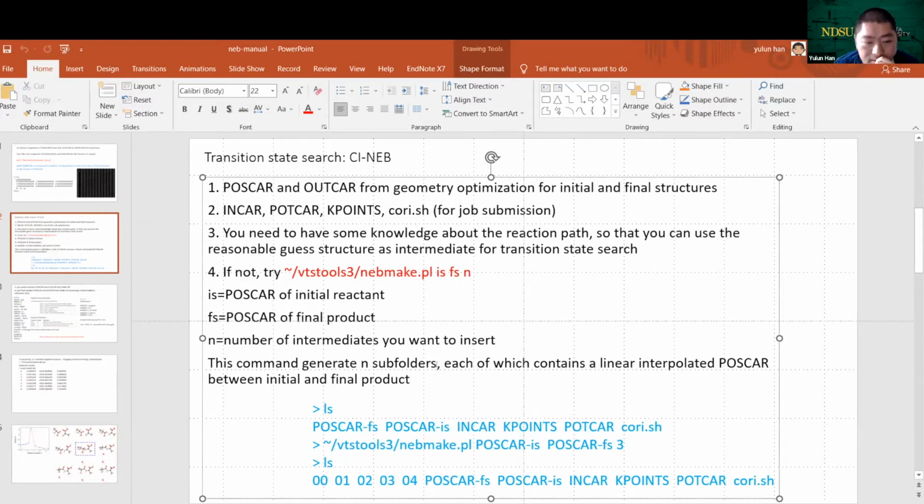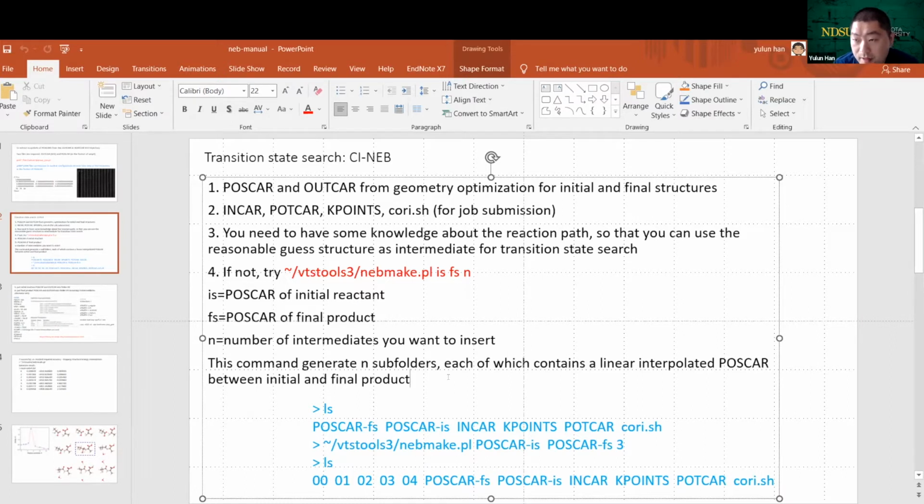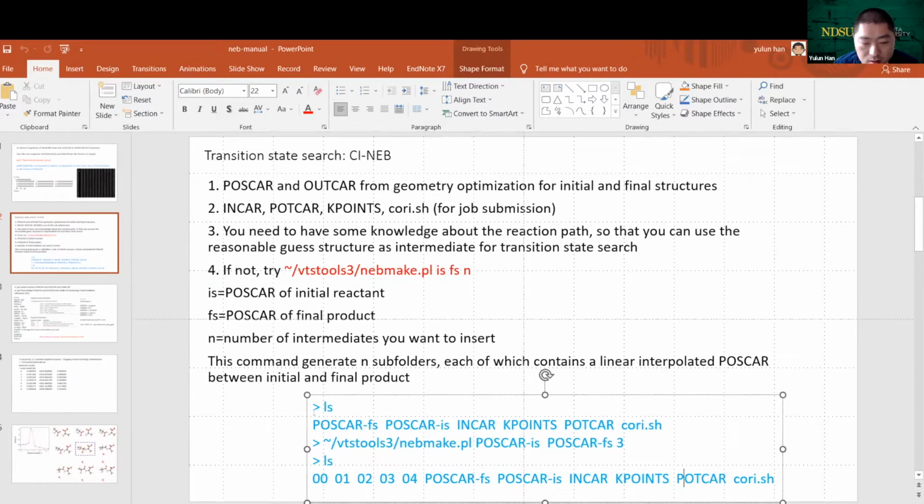After we run the script, we'll generate several subfolders, and each subfolder will have some POSCARs. And I guess you need to make sure these POSCARs are reasonable. So here is the output.